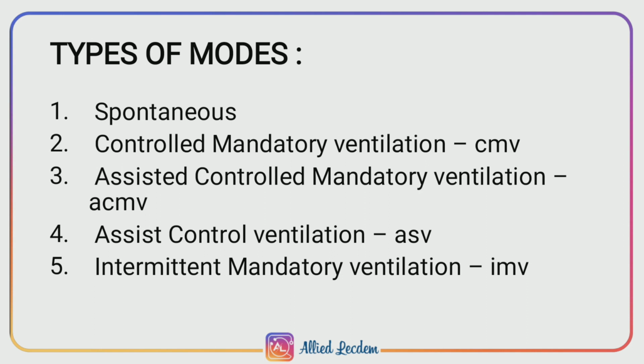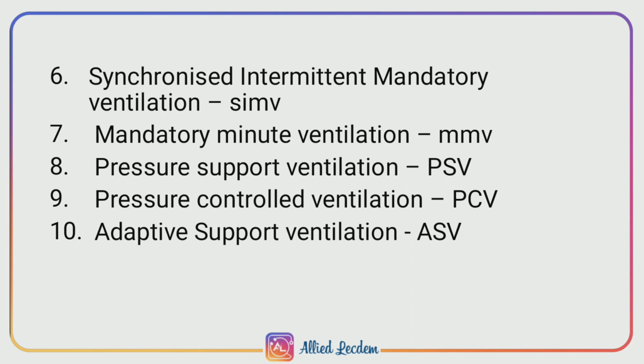Intermittent mandatory ventilation. Here, the breaths are scheduled, but the patient also tries to breathe on his own, and the ventilator senses the patient's effort and reschedules the mandatory breath based on the patient's need. Sixth one, synchronized intermittent mandatory ventilation, SIMV.